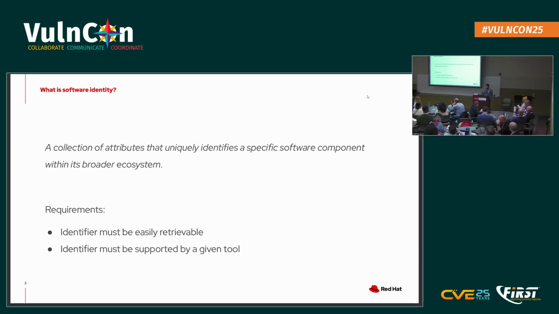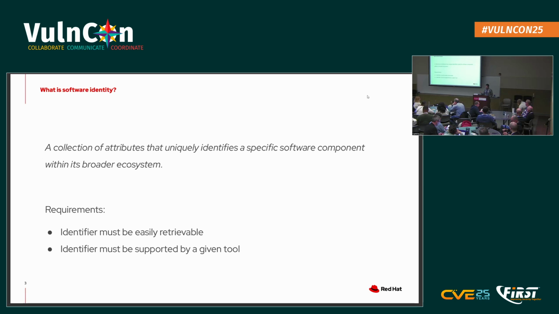So for us, it's most likely vulnerability management. So a lot of the stuff that we're going to talk about is software identity in the context of CVEs and advisories and security data, right? So other software identity schemes probably exist and they have their own purposes, but what we are going to talk about today is the ones that fit specifically into our ecosystem.